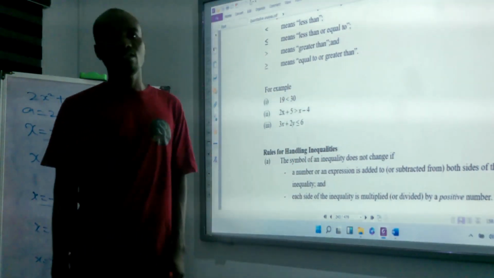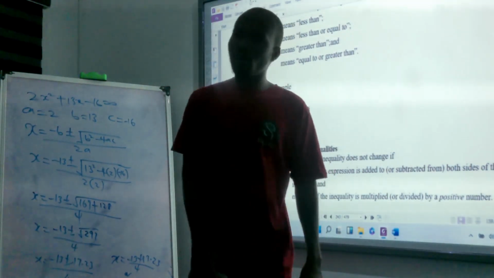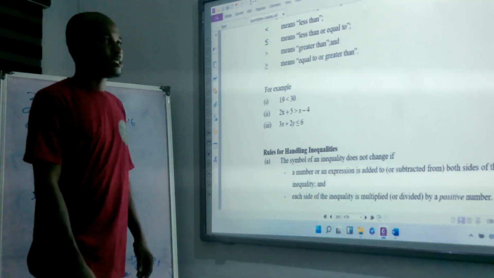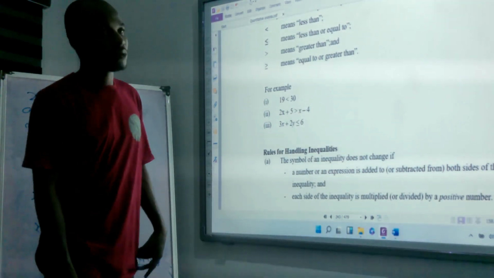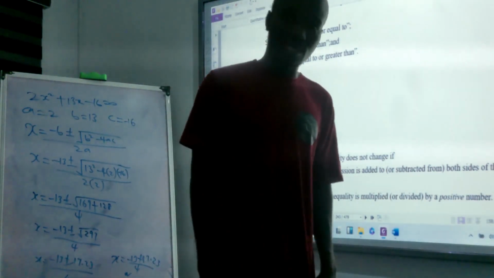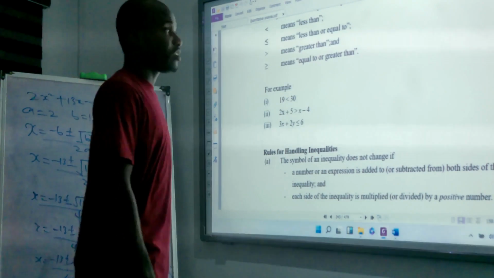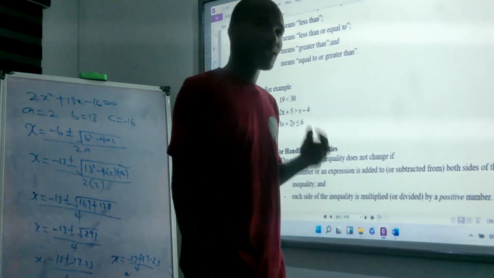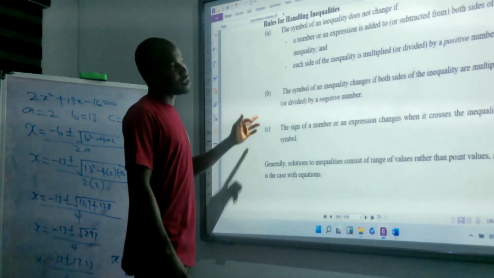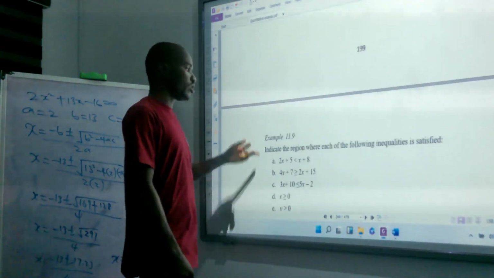If you add or subtract the same value from both sides of an inequality, the sign will remain the same. If you multiply or divide by a positive value, the inequality sign will remain the same. But if you multiply or divide by a negative value, the inequality sign will change. Don't forget the rule. Yes, a negative value will change the inequality sign. That is just the basic rule of inequality.